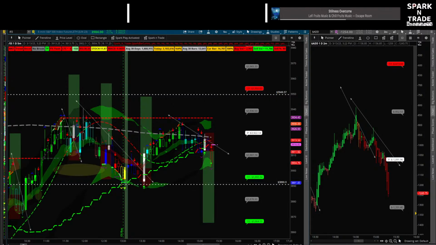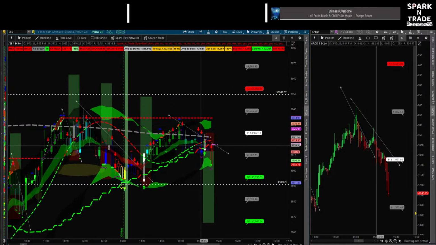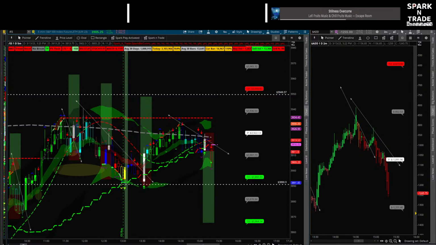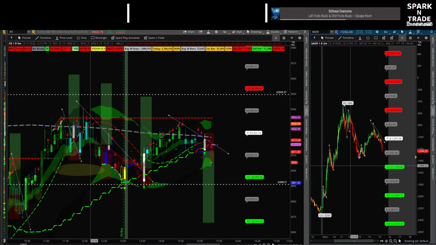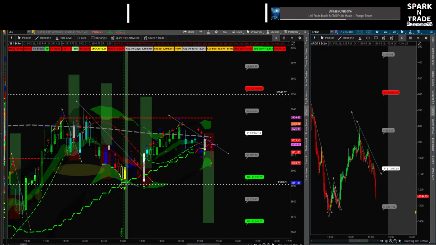Yeah, she just couldn't make it above that nice little blue into red. That's what we want to see. She's not giving nothing up. Look at this thing. You don't want to see a higher low, but let's see.